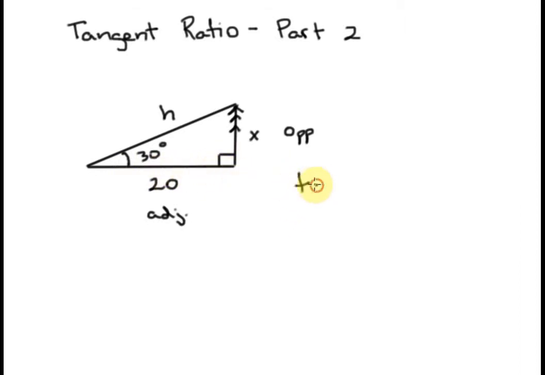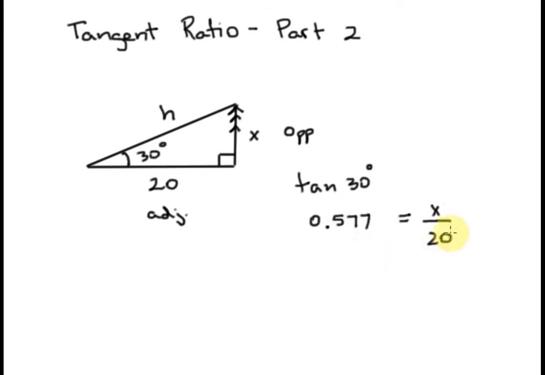So the tangent of 30 degrees, which by the way we've looked up on a calculator, is 0.577 approximately, and this is supposed to be equal to the length of the opposite side, which is x, divided by the length of the adjacent side, which is 20.